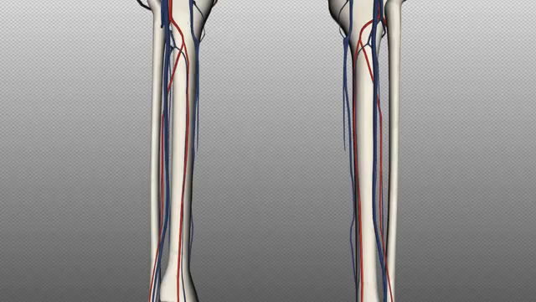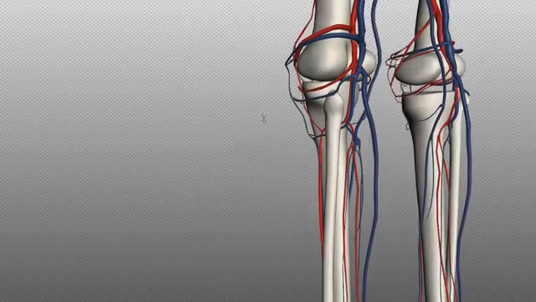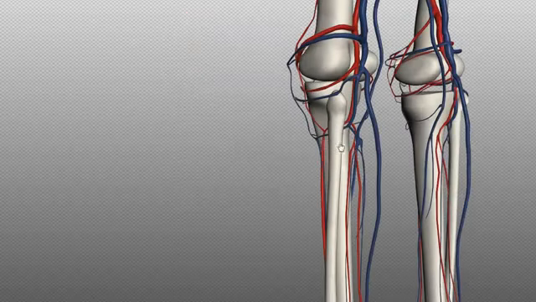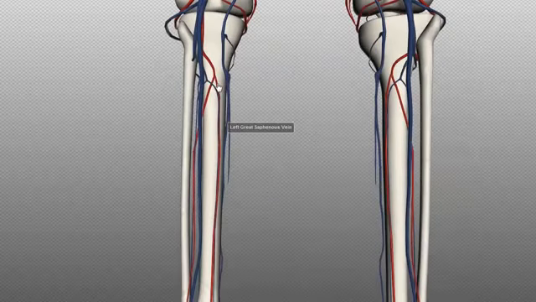So just to recap, you've got the popliteal artery, which branches off into the anterior tibial, which winds round onto the anterior surface of the tibia, and you've got the posterior tibial, which descends along the posterior surface of the tibia, and the peroneal artery.